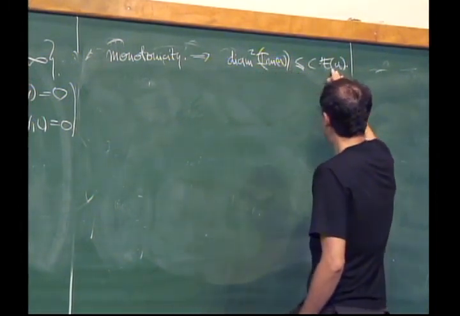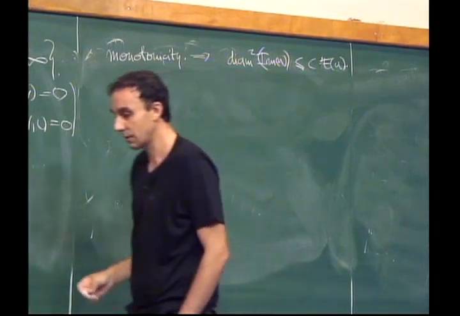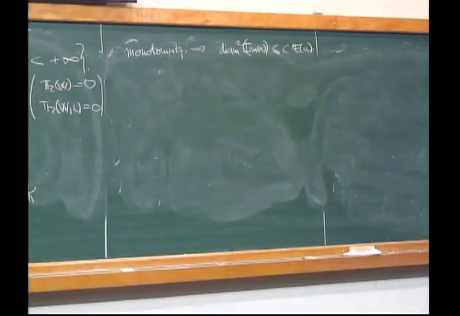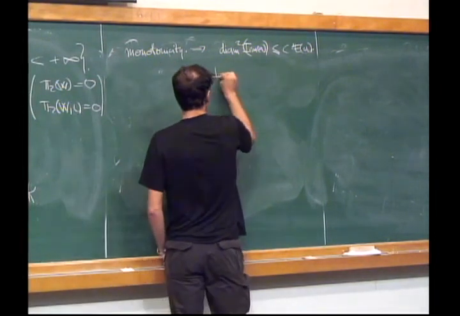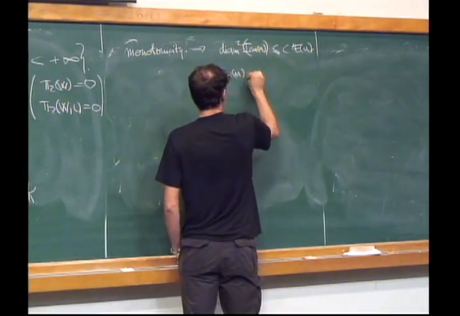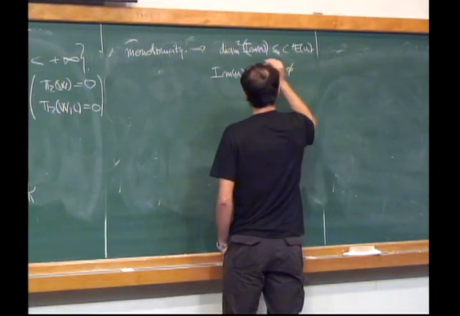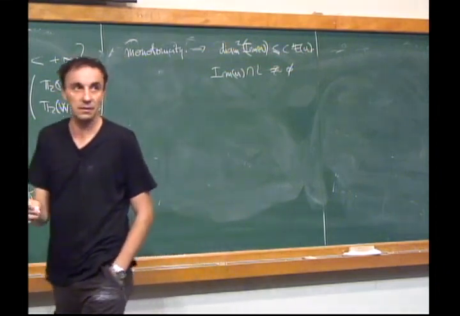Meaning that if the energy is finite, the diameter is finite, and of course, the image of u intersects a compact set. So therefore, it remains in the compact.